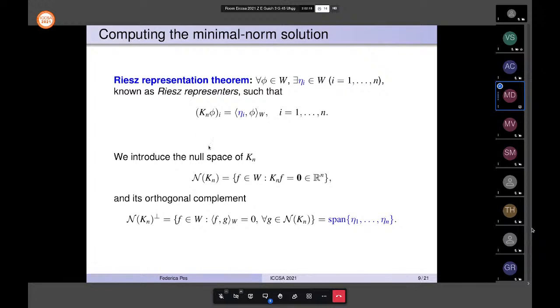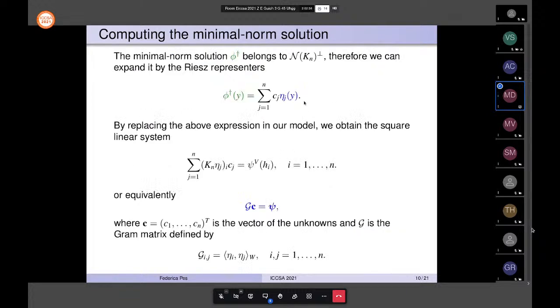We introduce the null space of K and its orthogonal complement. It can be proved that the orthogonal complement is spanned by the Riesz representers. So we can write the minimal norm solution as a linear combination of these Riesz representers.